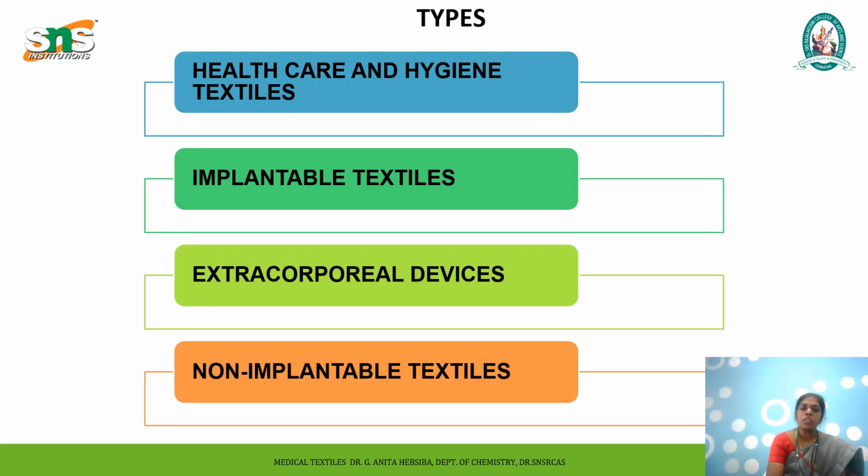And the fourth category of medical textiles is non-implantable textiles. Here we have external treatment and wound care: bandages and gauzes, pressure garments for burn victims, and wound dressings with healing agents. So they come under the category of non-implantable textiles.